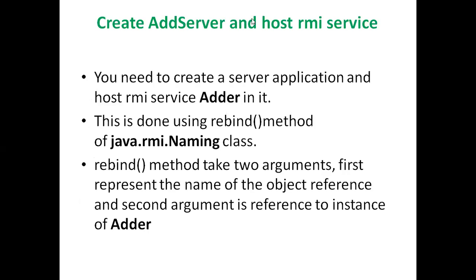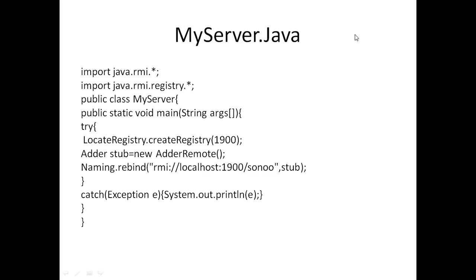Next, what do we do? We have to add a server and host the RMI interface. First, I have a server. That server should register its service with a registry, isn't it? So here it is the same thing.